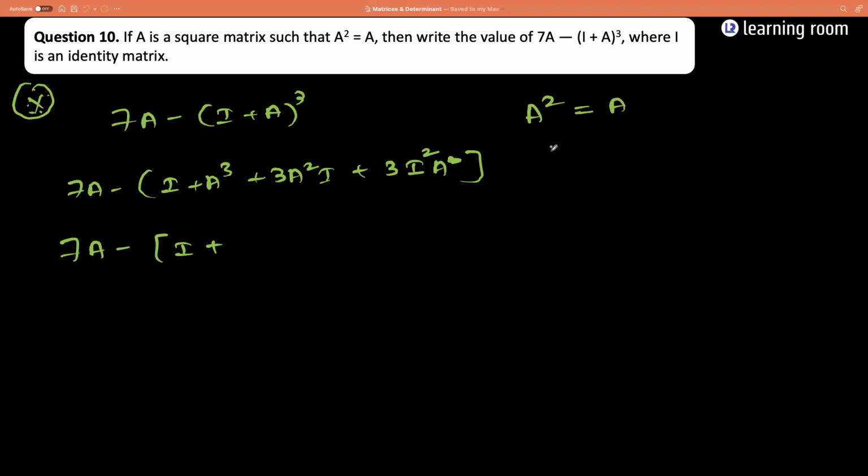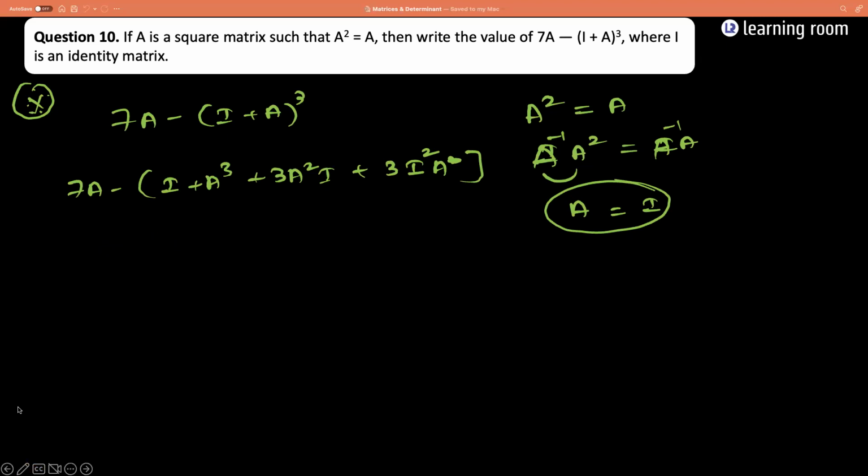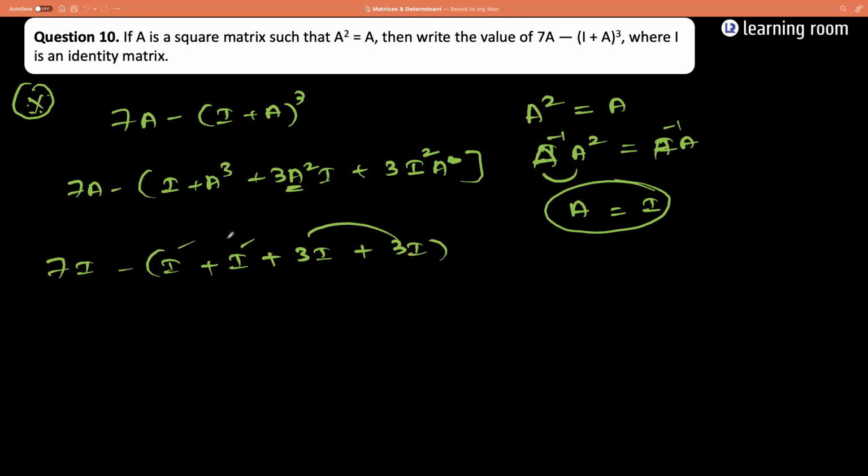A inverse into A square is A inverse into A, so A is equal to I. Then A cube is I, wherever A appears you substitute I, and it will be easy. So 7I minus I plus A cube, which is I cube, which is I, plus 3A square again I, so 3I. Adding, 7I minus 8I is going to be minus I, correct?